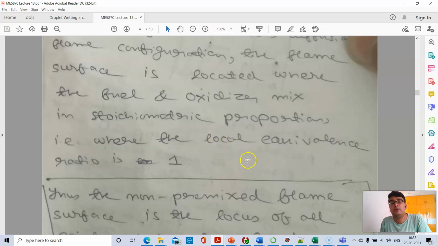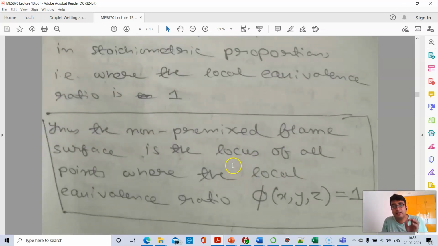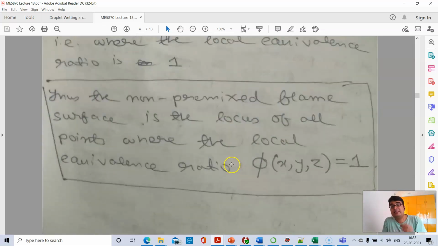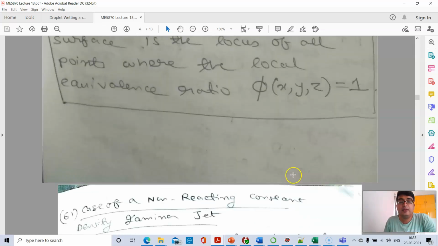Thus, the non-premix flame surface is the locus of all points where the local equivalence ratio phi, which is a function of space x, y, z, is equal to 1. It can also be a function of time if it's an unsteady flame. So if you have an unsteady diffusion flame, then wherever at a certain location phi is 1, a diffusion flame front will be established. That's how you define where the diffusion flame front is being established.